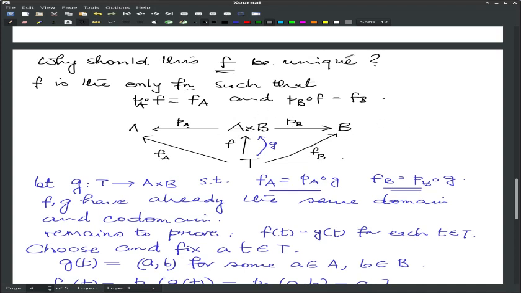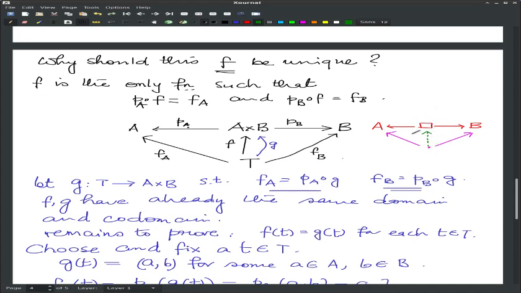So if I redraw this diagram like this, this is your A cross B. And whenever you have two such maps, there is one and only one way you can fill this diagram going to this.